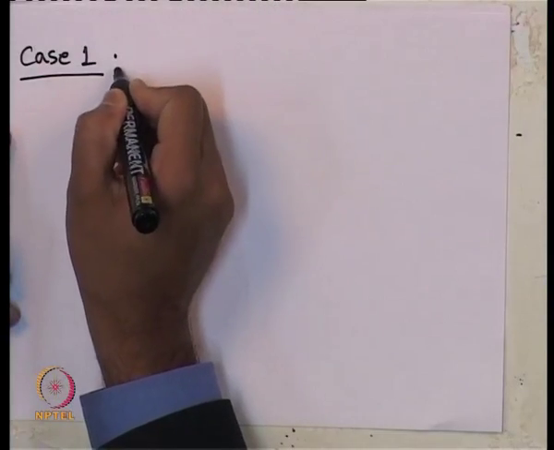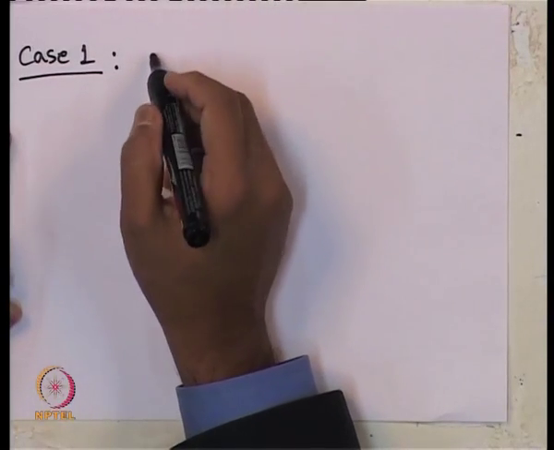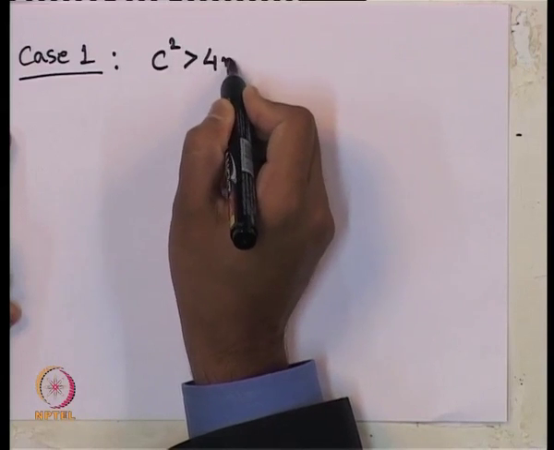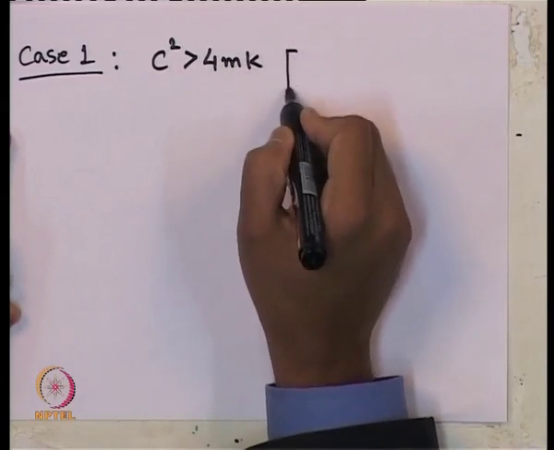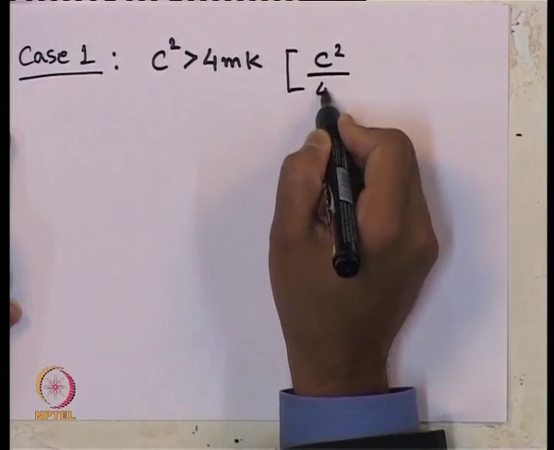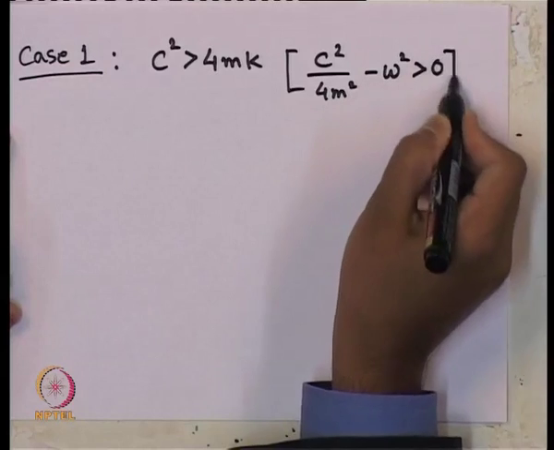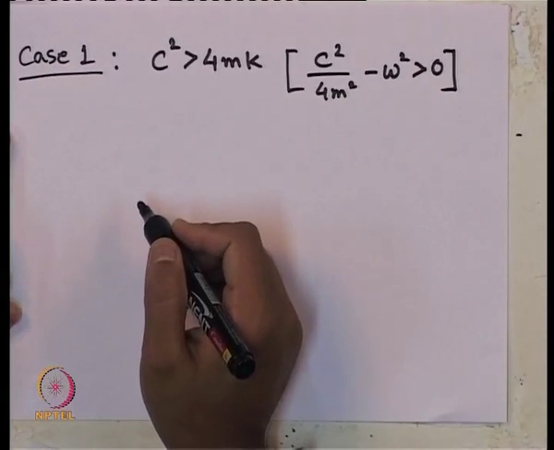real and distinct. So, case 1, now we are doing with the condition that c square is greater than 4 m k, which we got from c square by 4 m square minus omega square is greater than 0, that is under root term is positive.